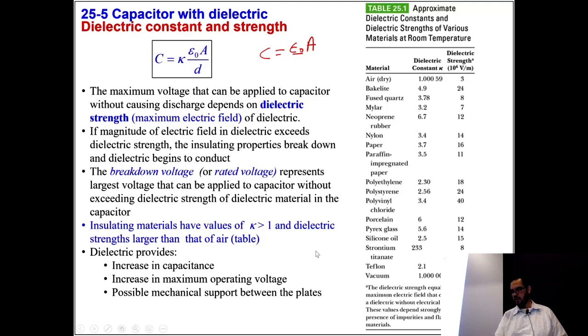Usually we use a dielectric material, not air or vacuum, because first of all we increase the capacitance, hence we increase how much charge and energy we can store. We also increase the maximum operating voltage, because the dielectric strength is much stronger for other materials compared to air. And also for mechanical strength: when you put something between the two plates, the chances of damaging or bringing the plates closer is much less than having air.